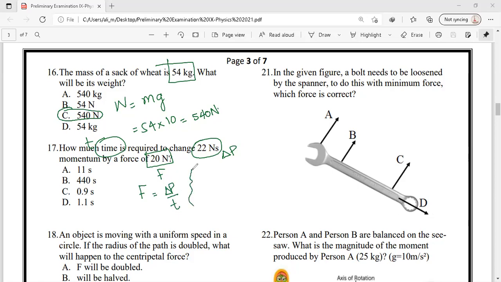So for calculating the time it would be delta p over f. Delta p is 22 while f is 20, and 22 divided by 20 is equal to 1.1 seconds. So the correct answer is option D.